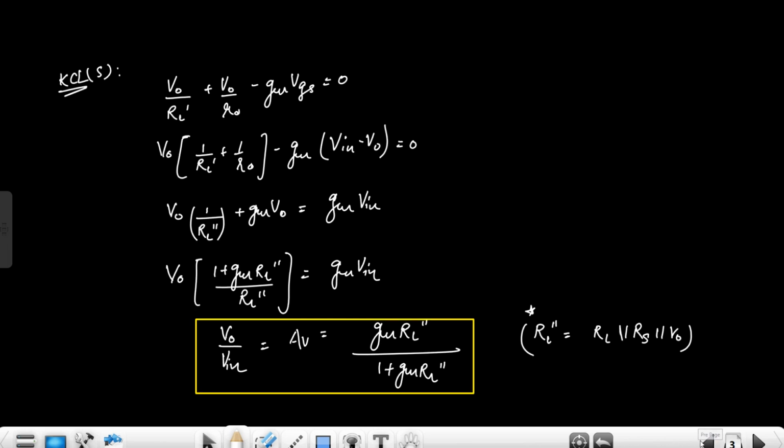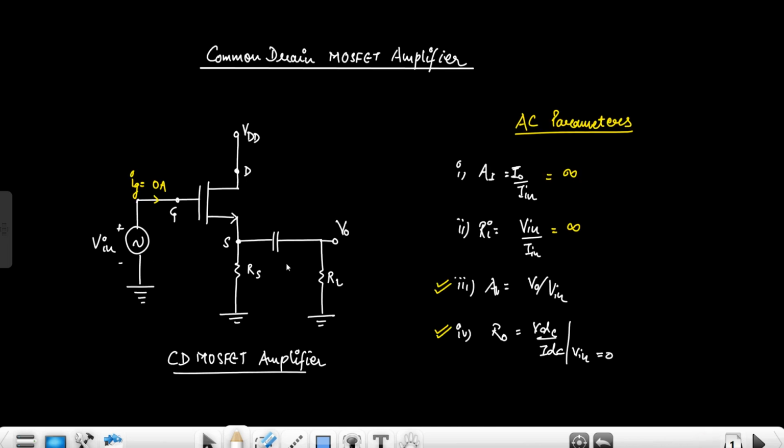Now for the internal output resistance, we have to again draw the small signal model by removing the input supply, applying VDC and IDC, when the input is 0. So the input is 0, so we simply short the input.